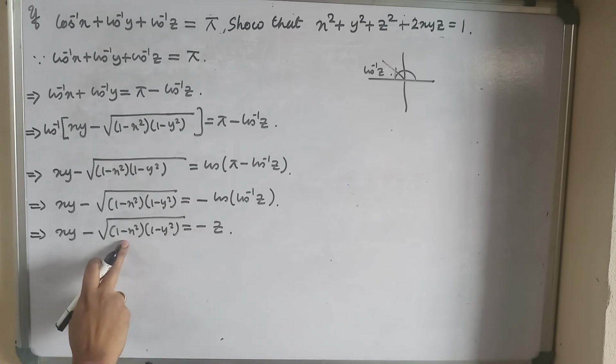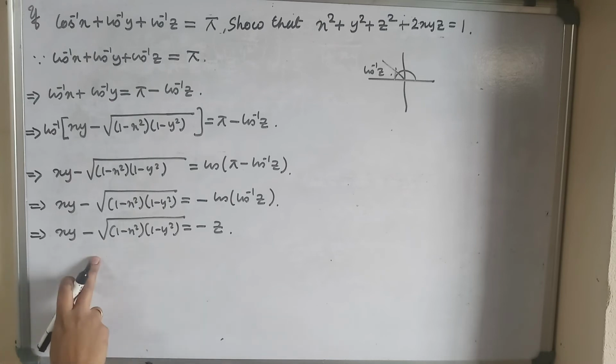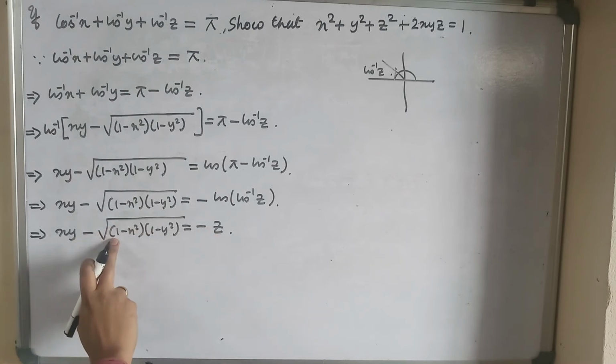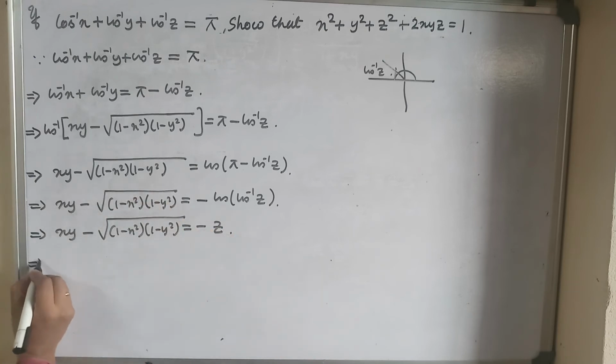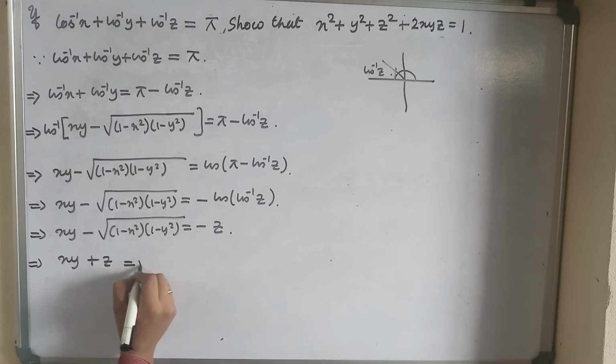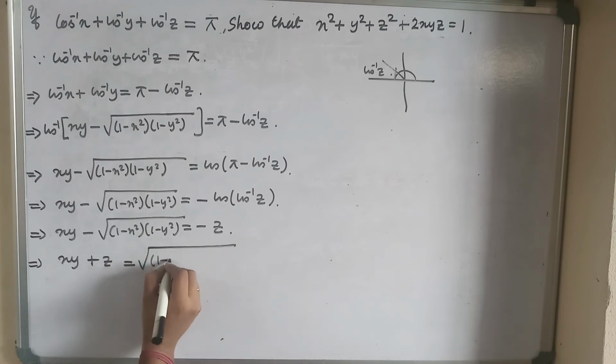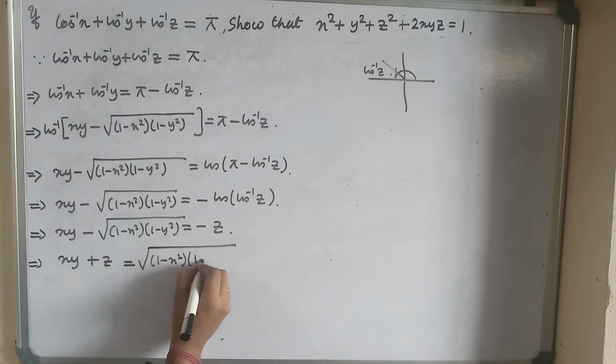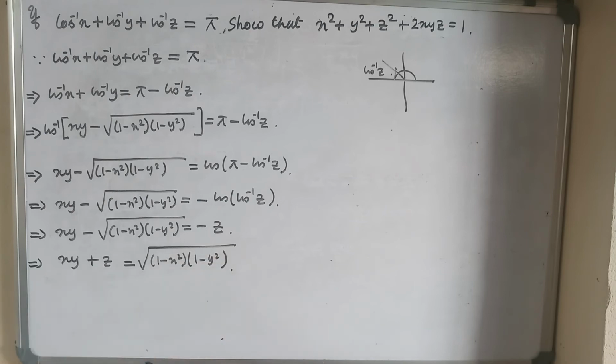Next, to remove this root, we have to square both sides. So I'll bring this quantity from the right hand side to the left hand side and this one from left to the right. So it will be xy + z = √(1−x²)(1−y²).